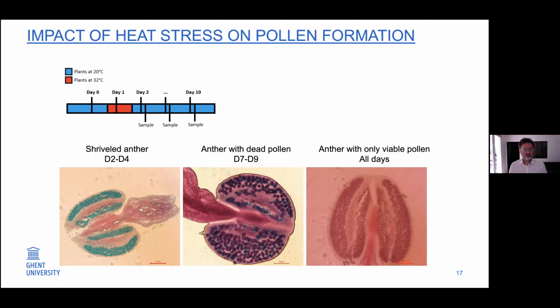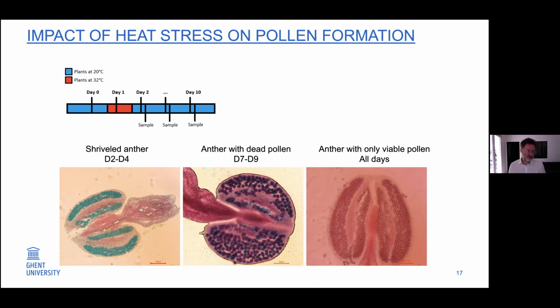So now when we look back to the impact of heat stress on pollen formation, we can summarize that it has impact on different stages. And here is an example of an experiment whereby we apply heat stress for about 1 day, and then follow the quality of pollen formation in subsequent days.